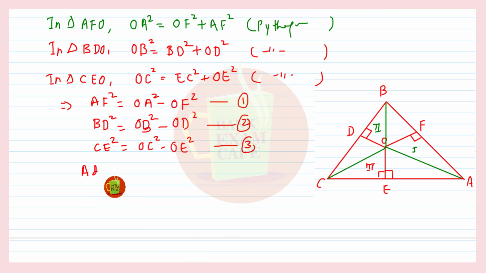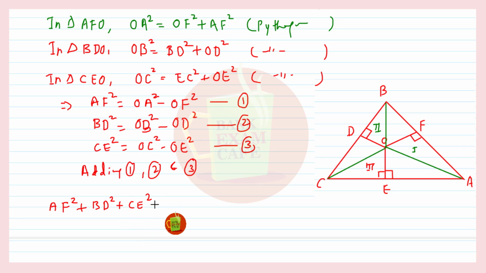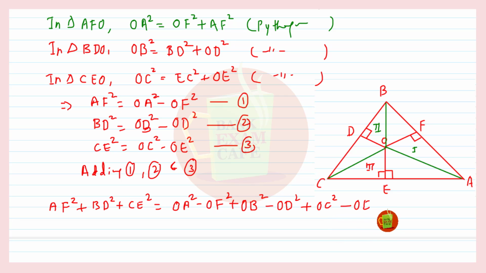So adding 1, 2 and 3, you will get AF square plus BD square plus CE square, which is equal to OA square minus OF square, plus OB square minus OD square, plus OC square minus OE square.